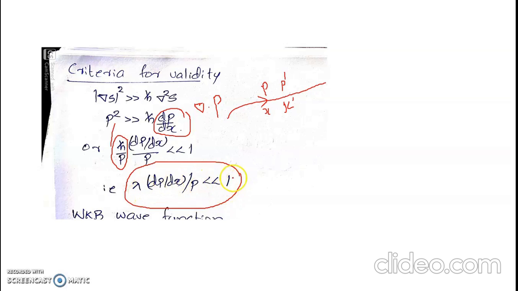Once this product is much less than 1, this means that once an object is performing a dynamics such that as it moves over a distance equal to the de Broglie wavelength associated with that particle, the change in momentum upon covering this much distance over the instantaneous momentum should be negligibly small. Once this condition is satisfied, you can definitely apply the WKB method.